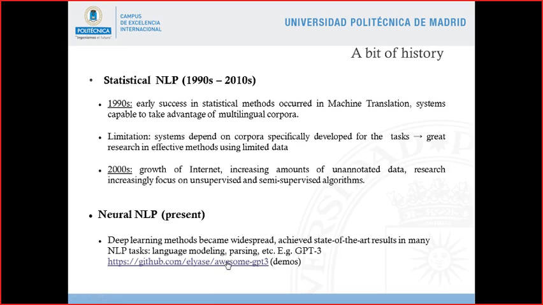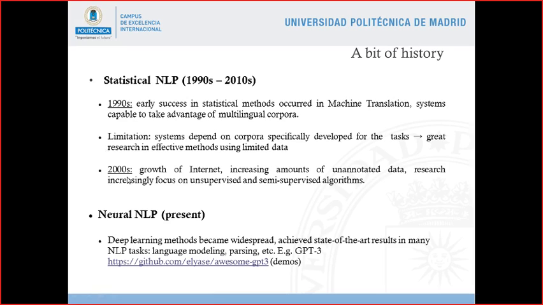The limitation is clear. The system depends on this corpus, and this corpus needs to be specifically developed for the task. So also in the 90s, there started to be great research interest in effective methods using limited data.